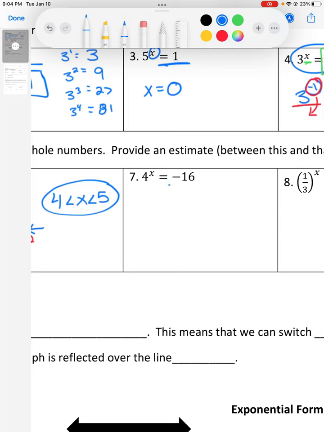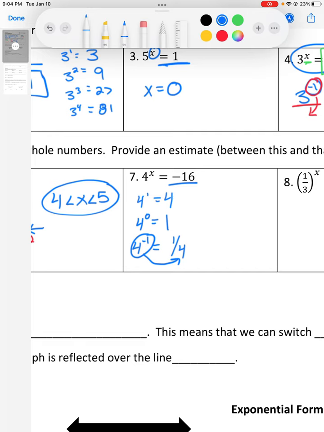Okay, trying to get -16. Well, negative values. Well, let's see. We got 4 to the 1 is 4, so that's too high, so we need to go down. 4 to the 0 equals 1, so we got to go further. 4 to the negative 1, we'll do negative numbers. Well, again, do we remember what negative numbers do? They make a fraction, right? We bring that 4 to the bottom of the fraction.